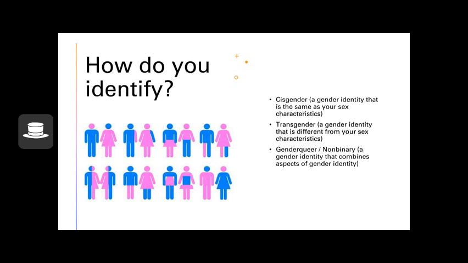So being cisgender is when your gender identity matches your sex. Being transgender is when your gender identity is opposite of what your sex is. Then we also have the identities of being genderqueer or non-binary, which is more of a statement of, well, I don't want to subscribe to either extreme because I feel qualities of both, and it's hard for me to just say I'm definitively this, right?